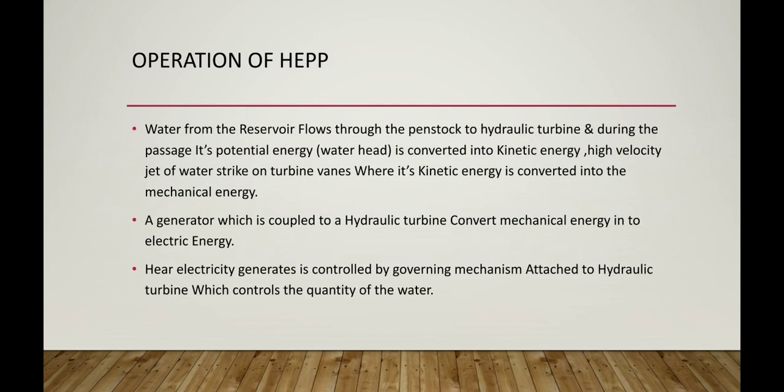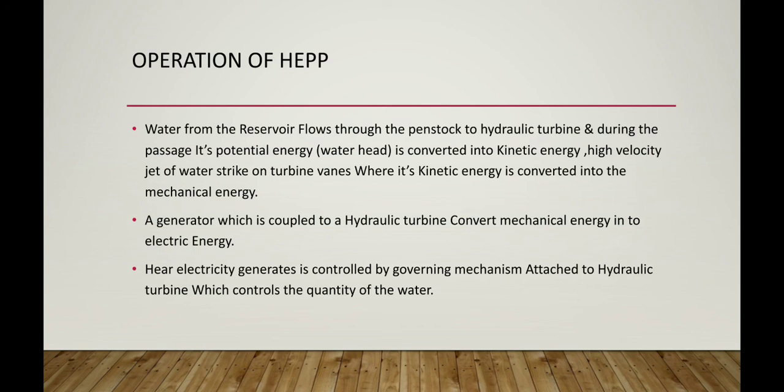Now the next is the operation of the hydroelectric power plant. The water from the reservoir flows through the penstock to the hydraulic turbine, and during the passage its potential energy is converted into the kinetic energy. The high velocity jet of water strikes on turbine vanes where its kinetic energy is converted into the mechanical energy.